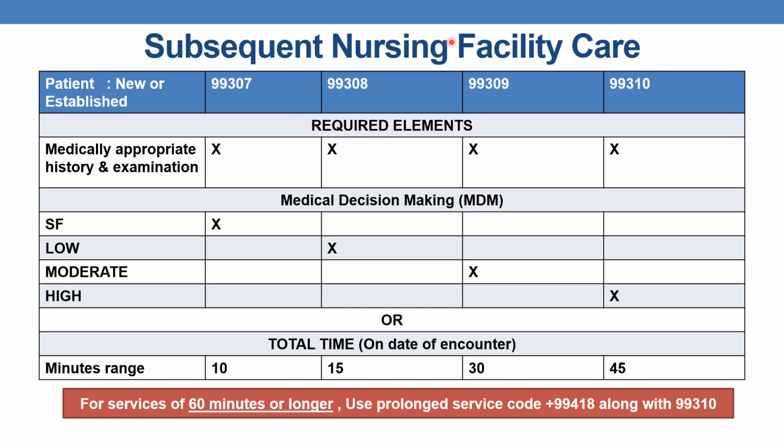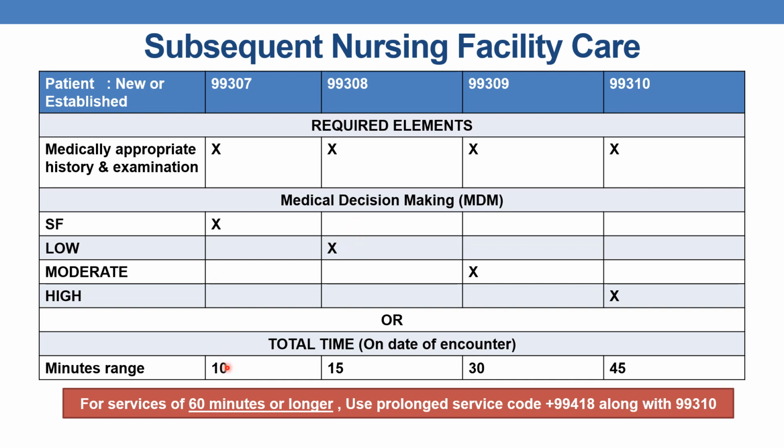Coming to subsequent nursing facility care services. The subsequent CPTs are 99307, 308, 309 and 310. All require a medically appropriate history and examination. To code 99307, subsequent nursing facility care, whenever MDM is considered, they require straightforward MDM.